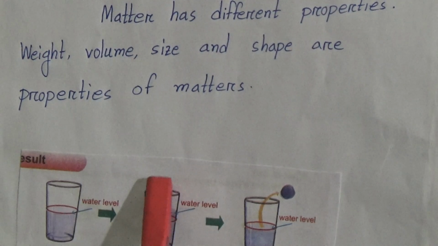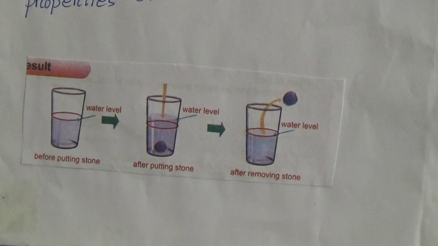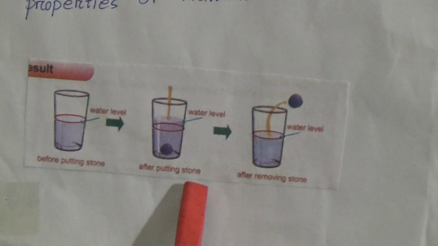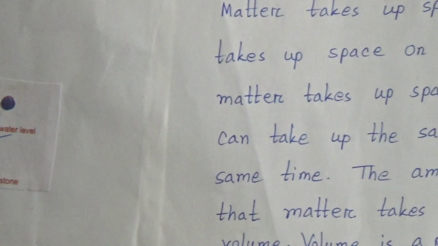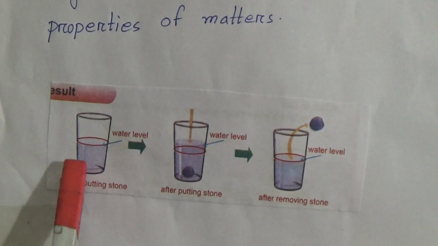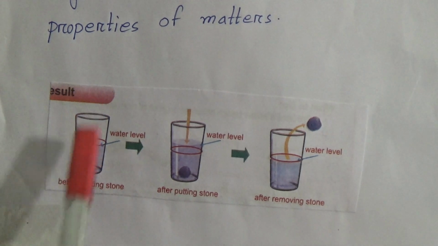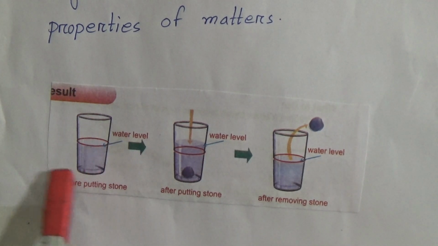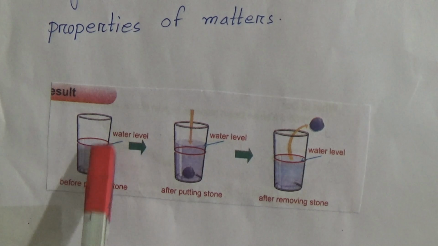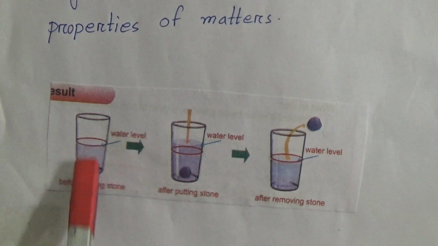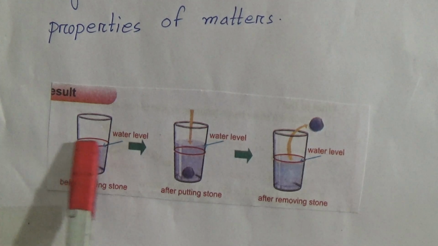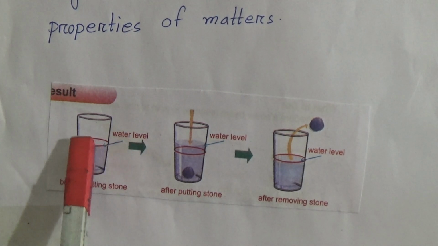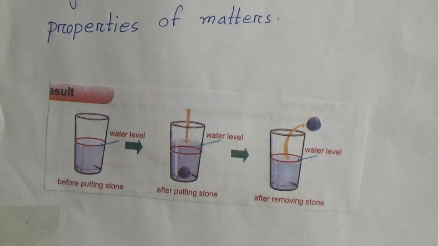Students, here is an experiment. With this experiment we will know about the properties of matter. For this experiment we need a glass, water and ribbon. At first we have to take a glass and half glass of water and then tie a ribbon on the outer side of this glass.